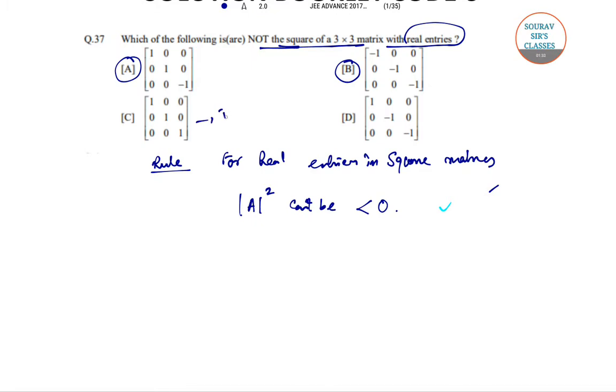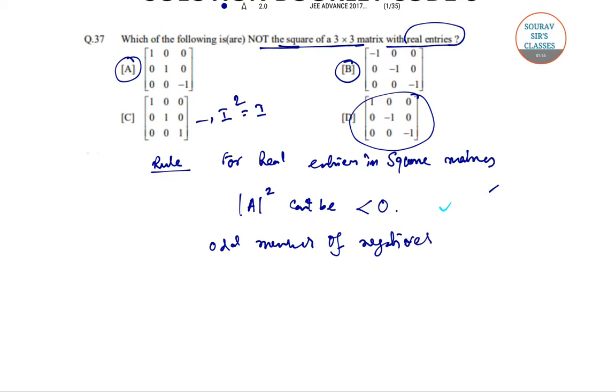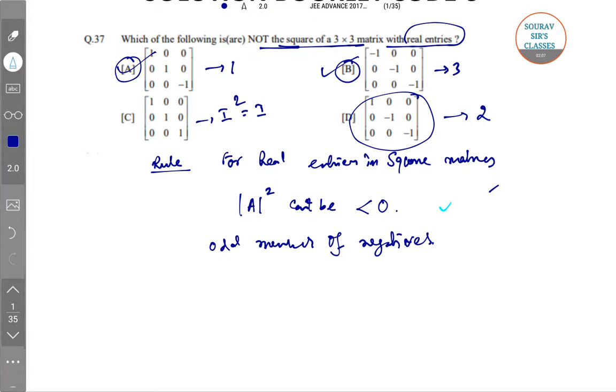It's an identity, and identity square is also identity, so that is not a problem. And in this case also it will happen. So remember how to directly identify an odd number of negatives in case of the same entries. It has 3, it has 1, it has 2. So in that case, A and B is the answer to the question. Now we proceed to the next one.